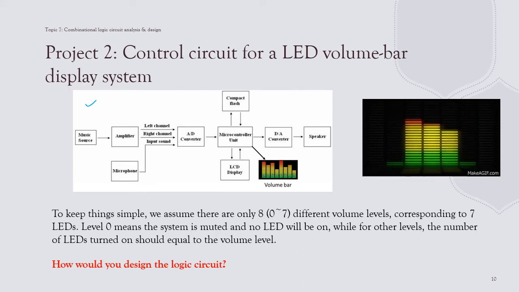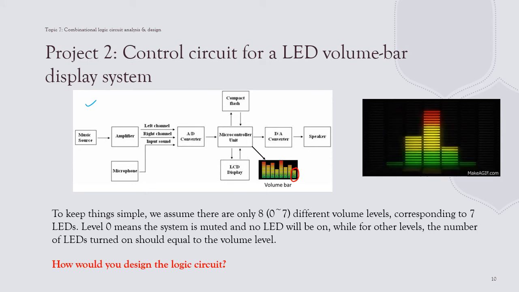Okay, so how is this LED controlled? We will do that, but we will use a simplified example. So say we have a column of LED. We don't care about the color here yet. We just talk about when they should be on and when they should be off. Okay, so we have 7 of them.